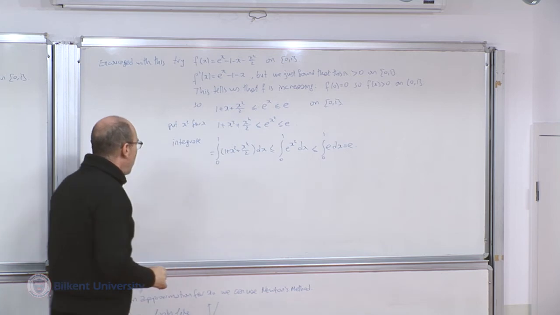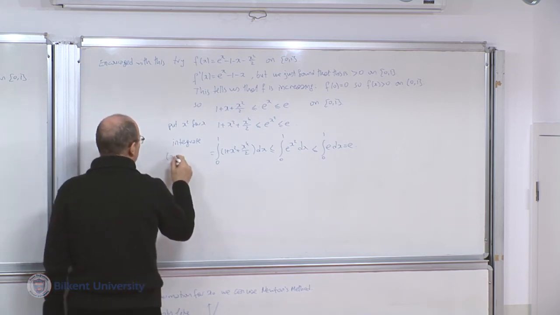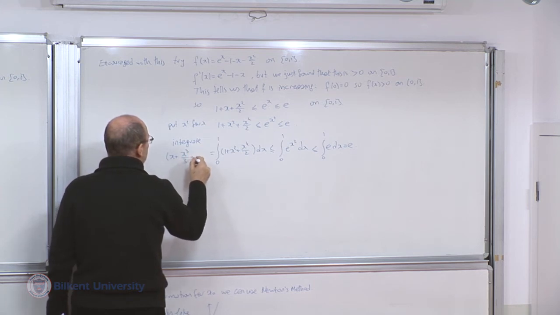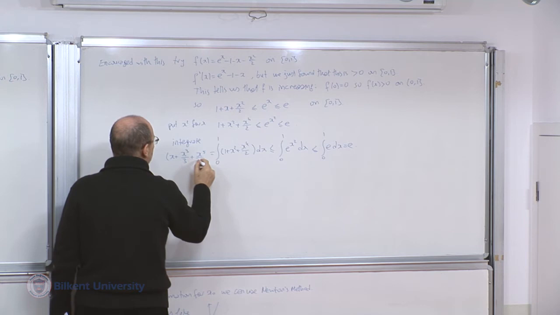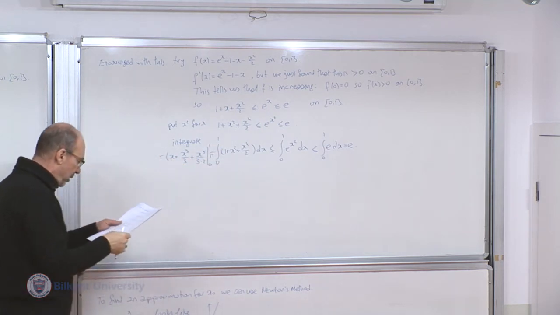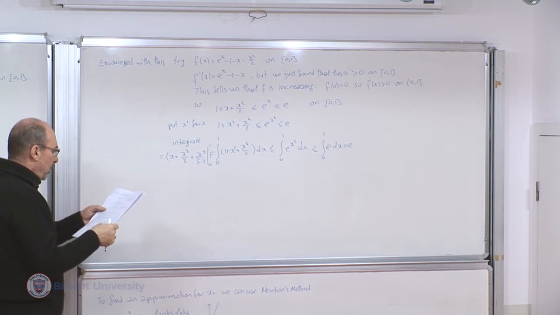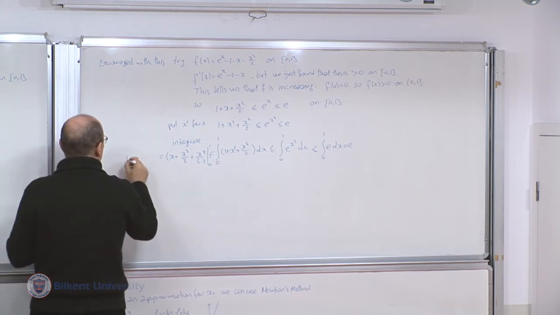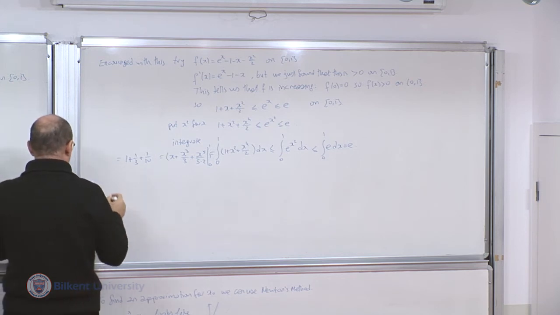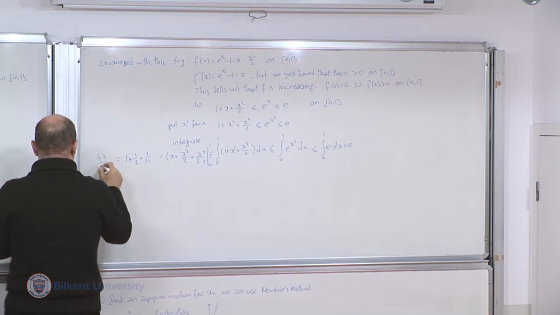On this side, let's see what we have: x plus x cubed over 3 plus x to the 5 over 5 times 2, from 0 to 1. When we write this out, I have 1 plus 1 over 3 plus 1 over 10, and the result is 43 over 30, which is approximately 1.43.